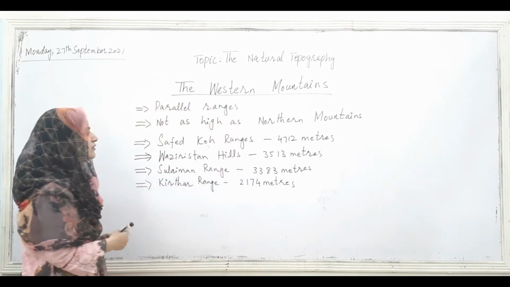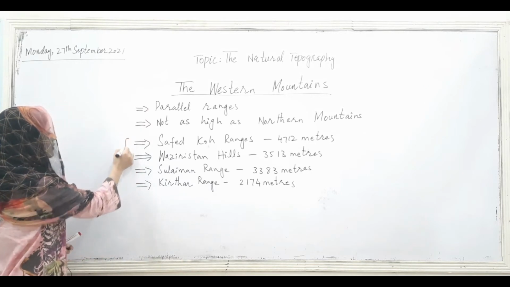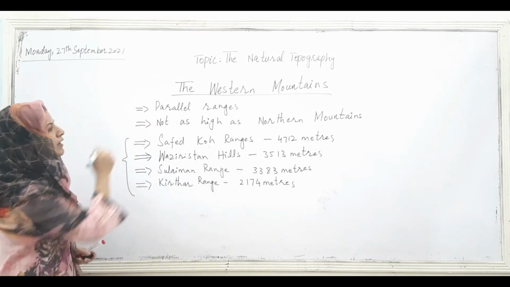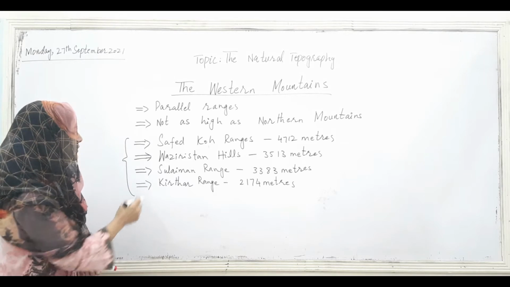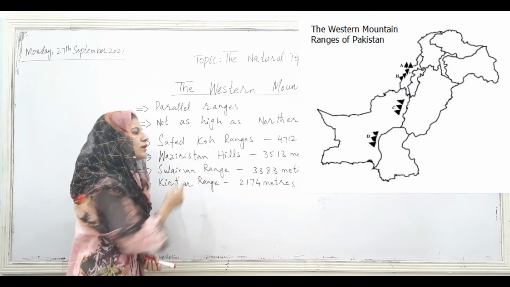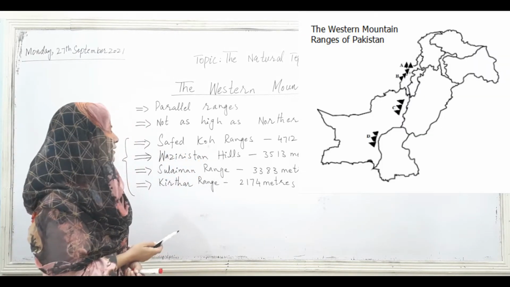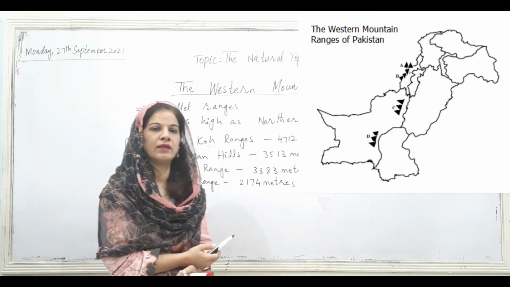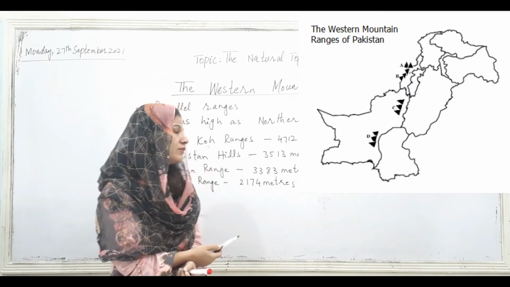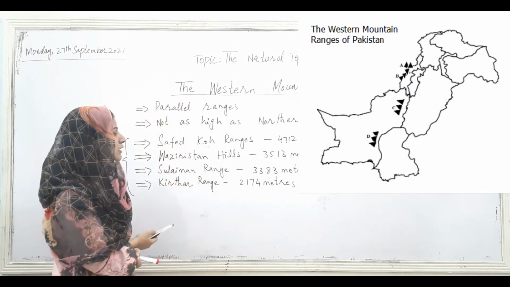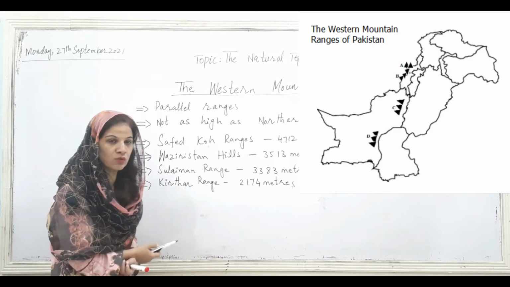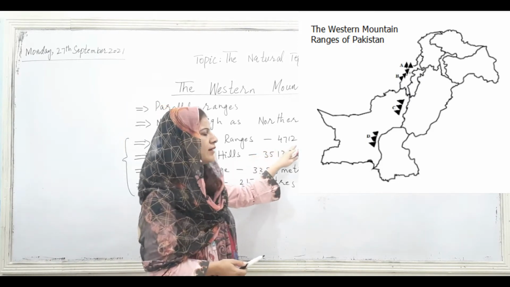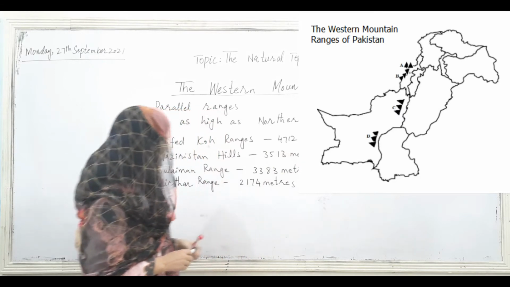Now we will see which are the four mountain ranges of western mountains. First one is Safeco range. It is located in the southern end of Hindu Kush range. Its height is 4,712 meters.